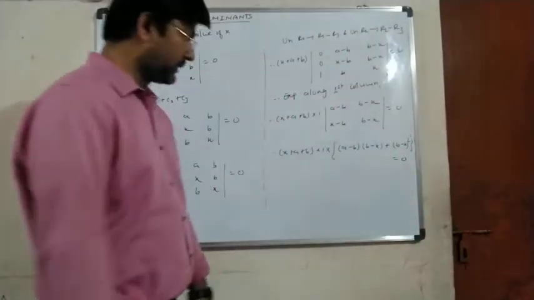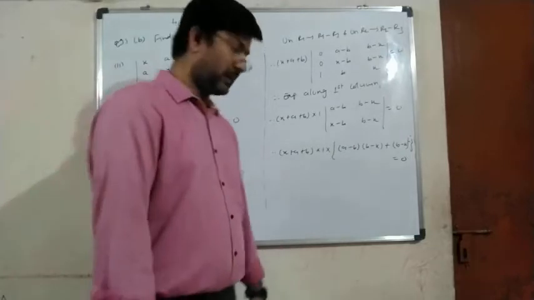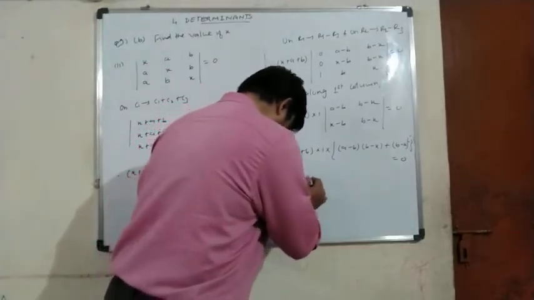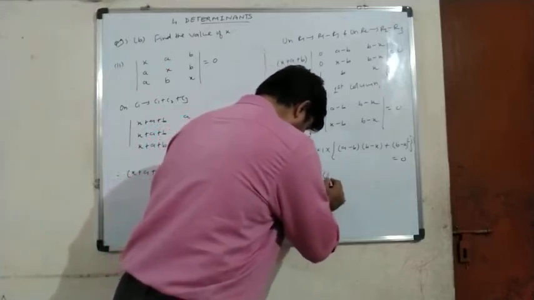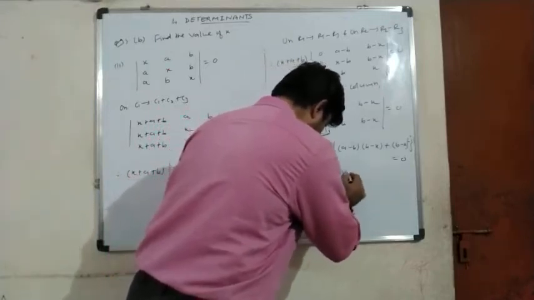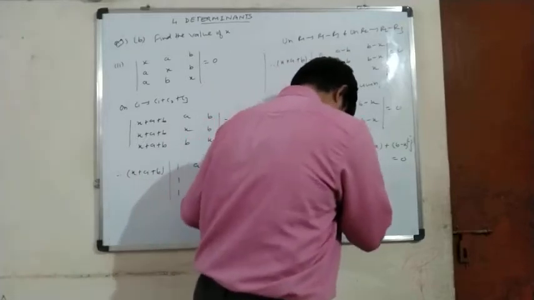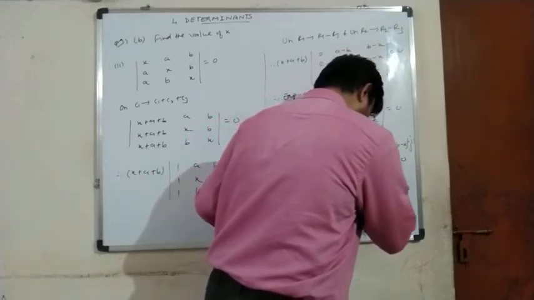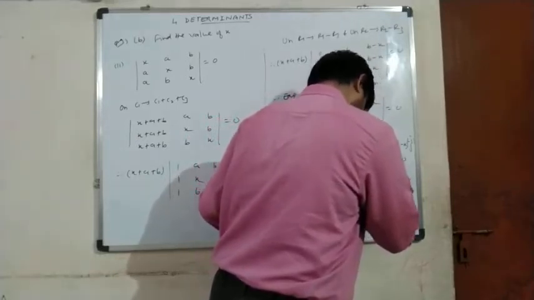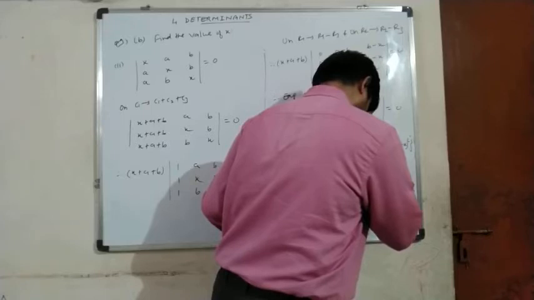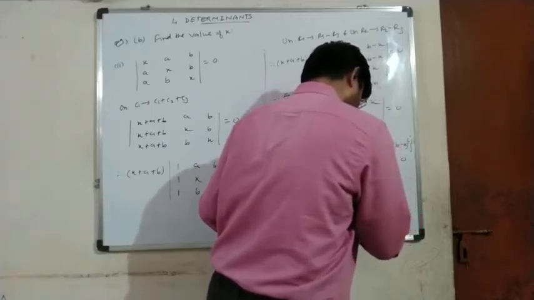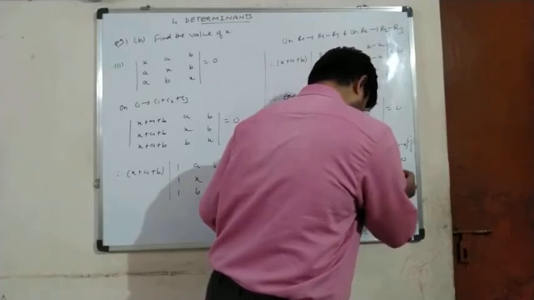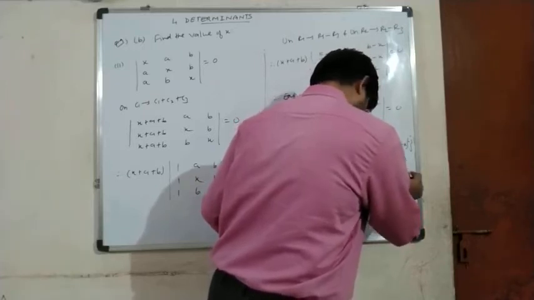equal to 0. Now from the two terms we will take b minus x common. Therefore x plus a plus b into b minus x common. What is left? The leftover terms are a minus b plus x, okay plus b minus x because we have plus sign here, equal to 0.